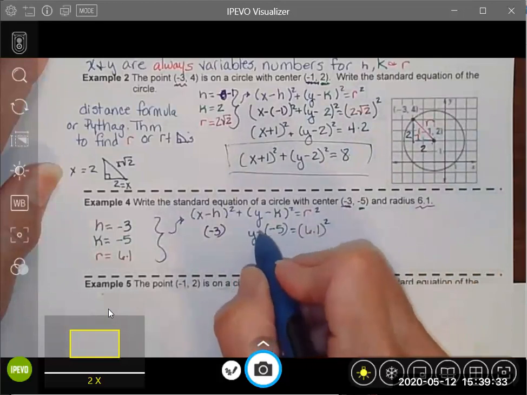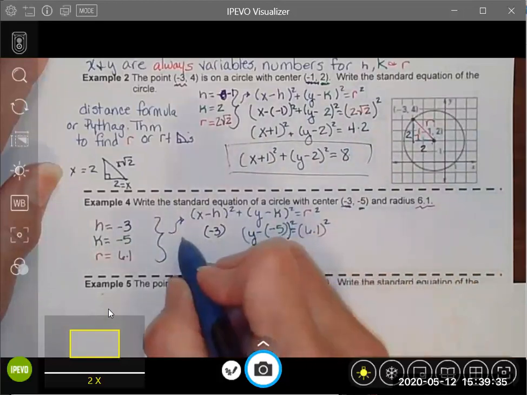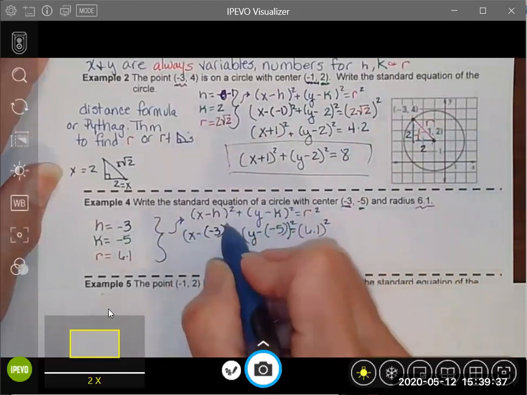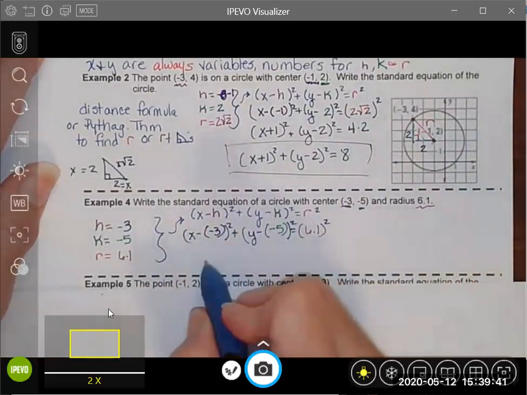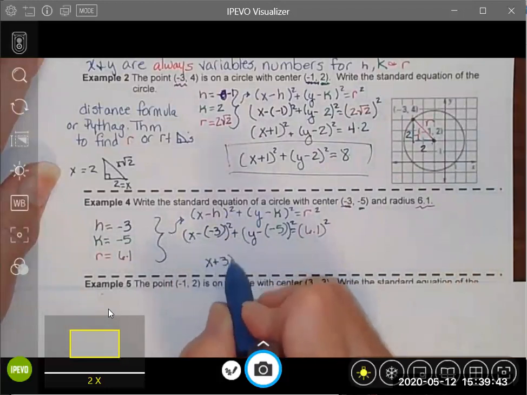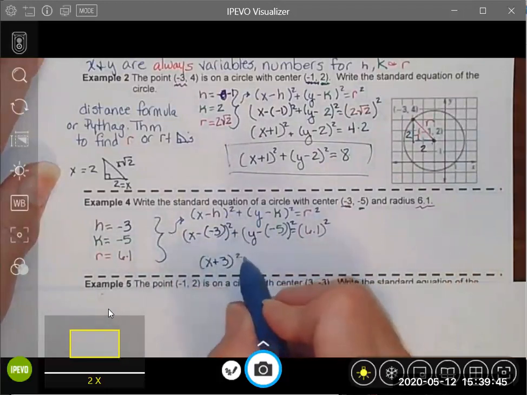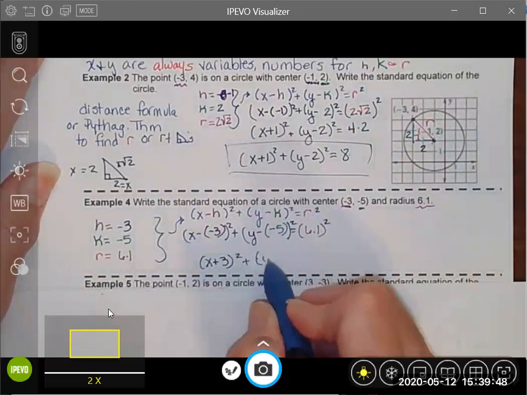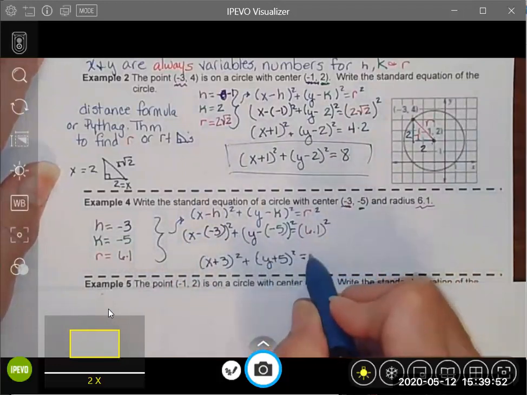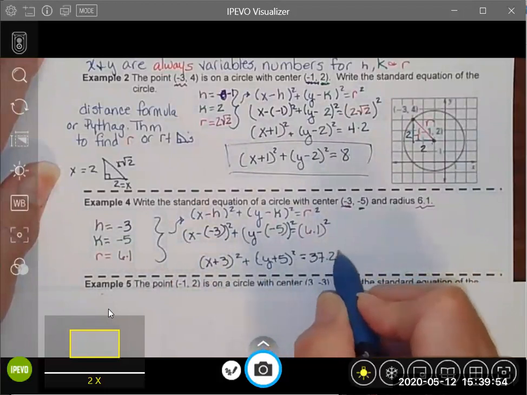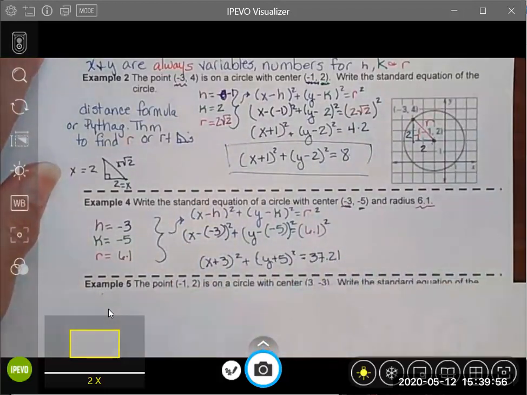I rewrite. And I simplify. You should come up with something that looks like x plus 3, subtracting a negative is positive, plus y plus 5 equals, and this comes out to 37.21. I said I wasn't going to do it, but look, I did it.